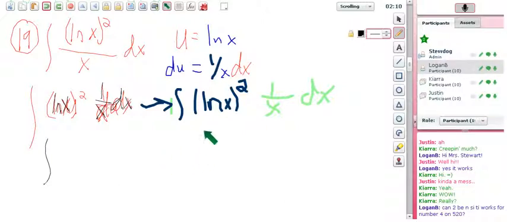Yeah, we got u, this would be u to the n times du, because this is the derivative of the natural log of x.